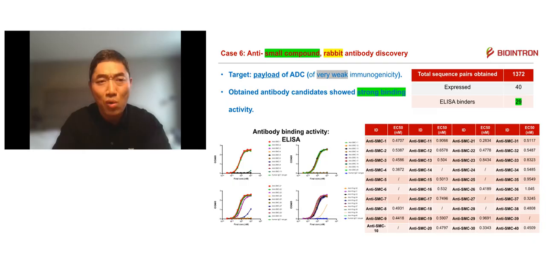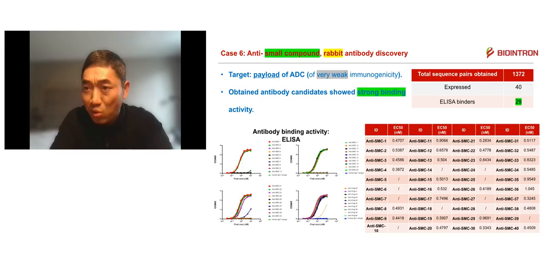But with a small compound, the immune response is super weak. So in this case, we conjugated this small compound, actually a payload from ADC, to carriers like KLH or BSA. And then after animal immunization and our AbDrop B cell screening, we got, as shown here, 1,372 paired sequences.